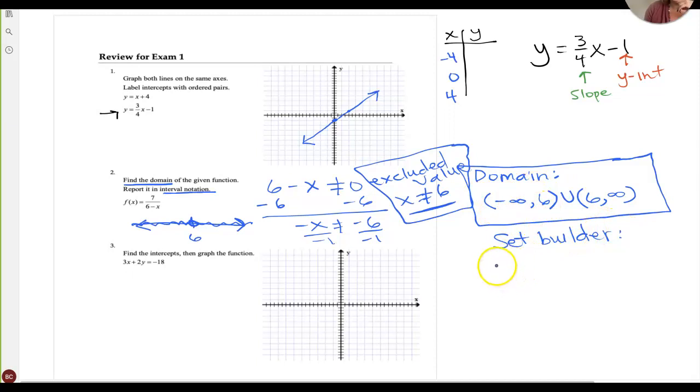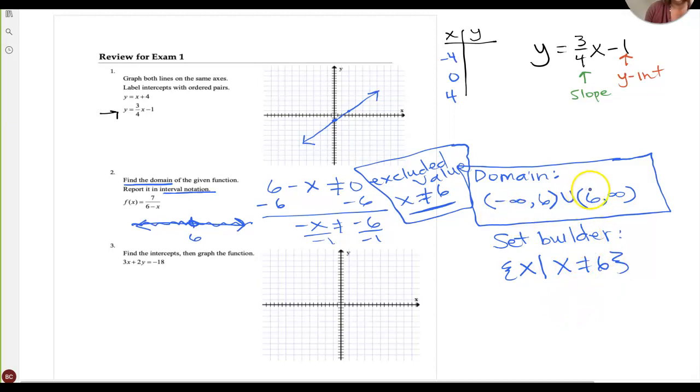But set builder would be written like this. You'd write a little squiggly bracket there, and then x such that, so a straight line up and down in math means such that, x cannot equal 6. So that would be the other way to write it.